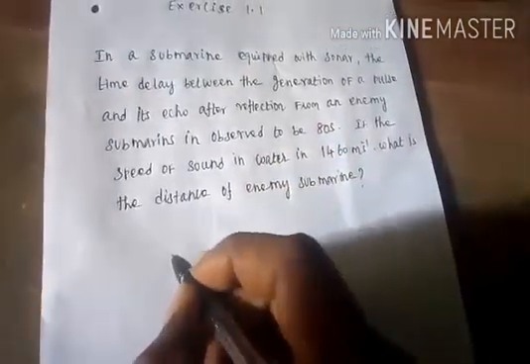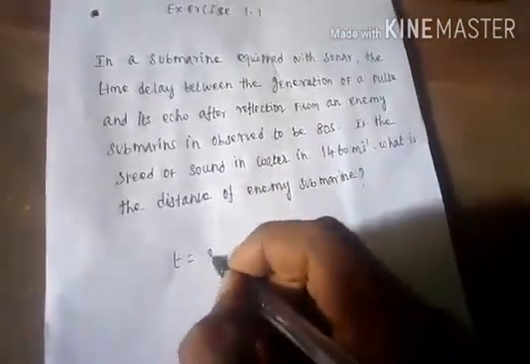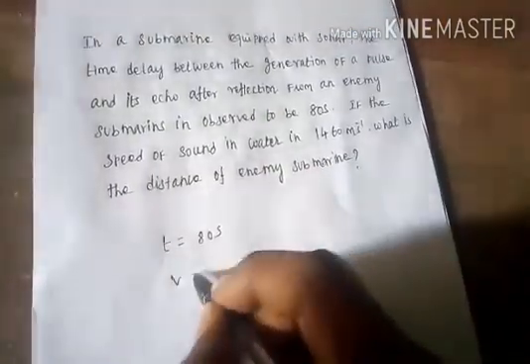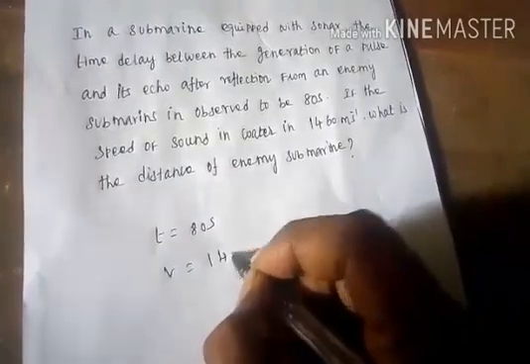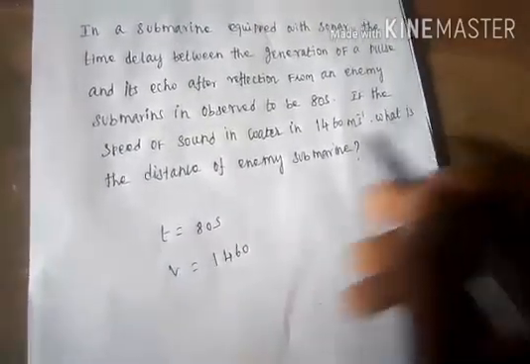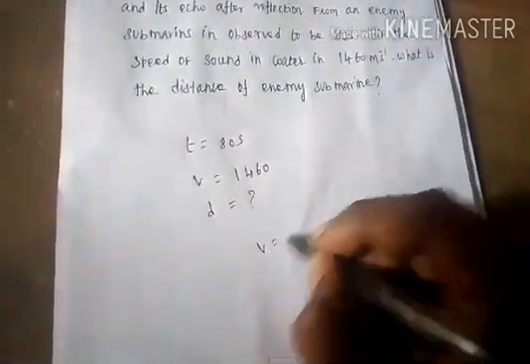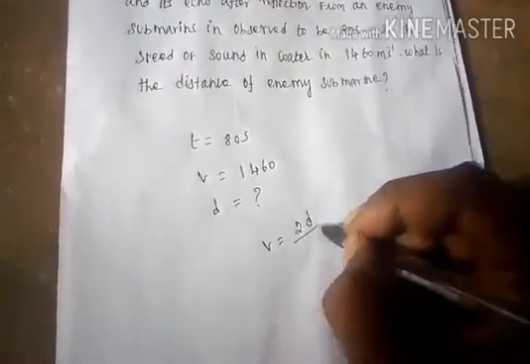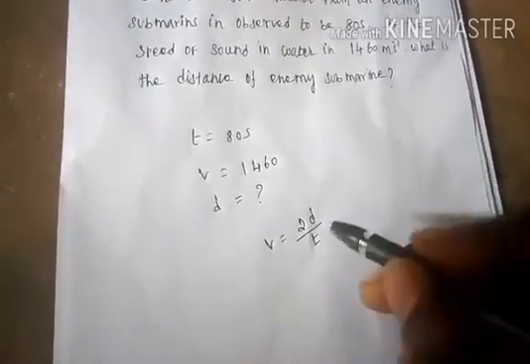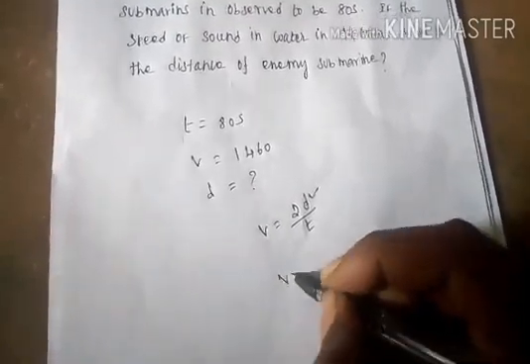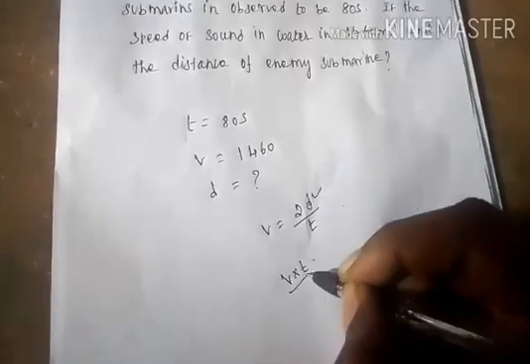What is given here? Time t equals 80 seconds, and velocity v equals 1460. We are asking for the distance d. Using the echo method, the formula is v equals 2d divided by t. To find the distance, the equation becomes d equals v into t divided by 2.